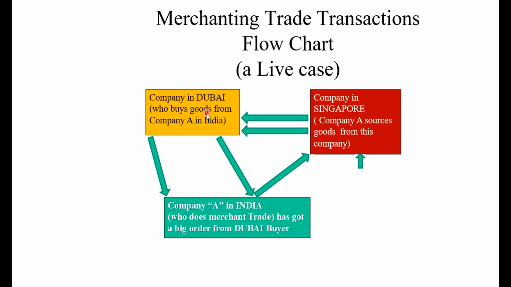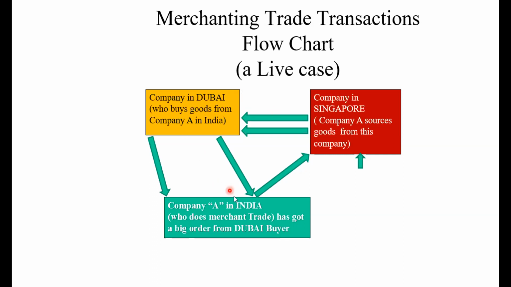When I have to explain a concept, this concept is explained maybe in a regular classroom, but now to quickly understand, I thought a chart will help you. Now the Singapore man under his instruction will send the goods directly to Dubai port. The company in Dubai will get the goods directly from Singapore, and the Dubai man will not remit the money to Singapore.